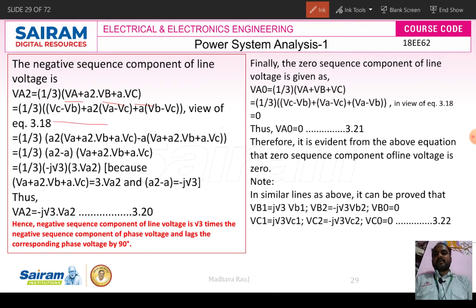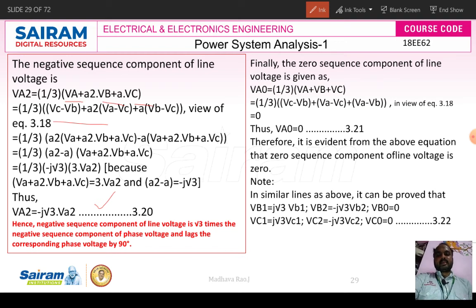Finally VA2 is equal to minus J into root 3 into VA2. Since it is minus, we get the negative sequence. Hence the negative sequence component of line voltage is root 3 times the negative sequence of the phase voltage and lags the corresponding phase voltage by 90 degrees.